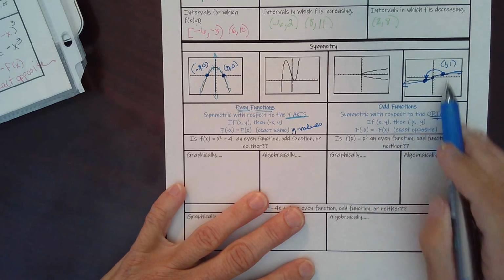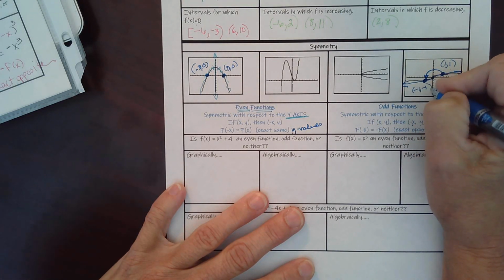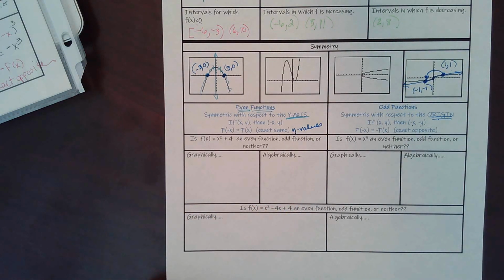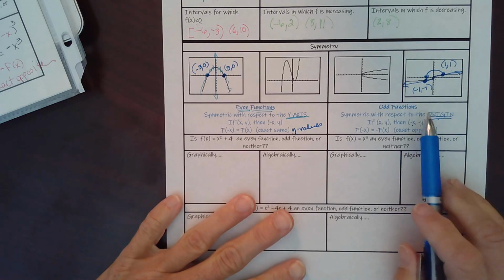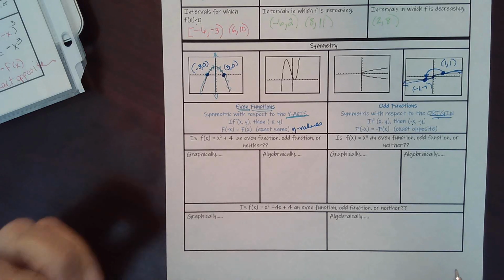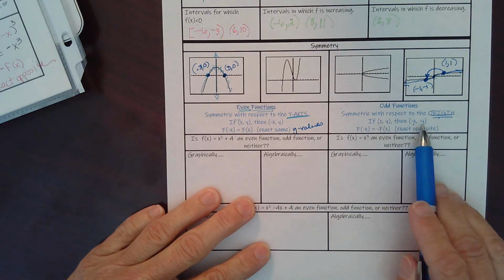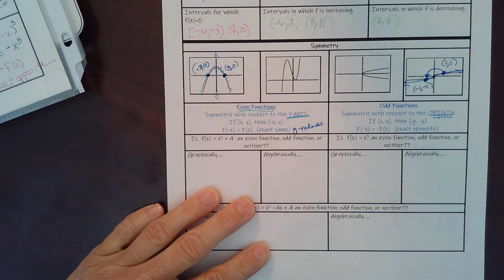So if (x, y) is a point, such as (1, 1), then (-1, -1) will also be a point. So when you have an odd function, you will have pairs of points that have opposite x's and opposite y's.